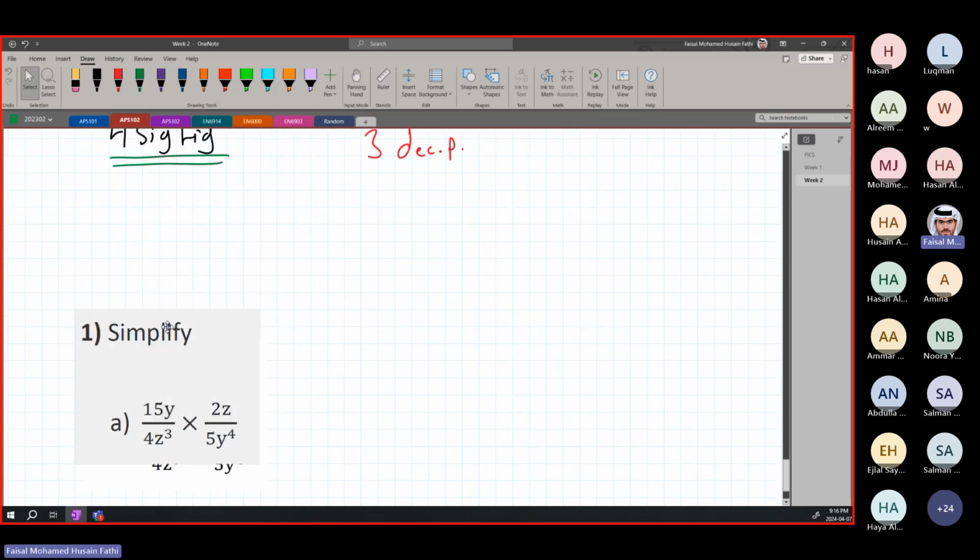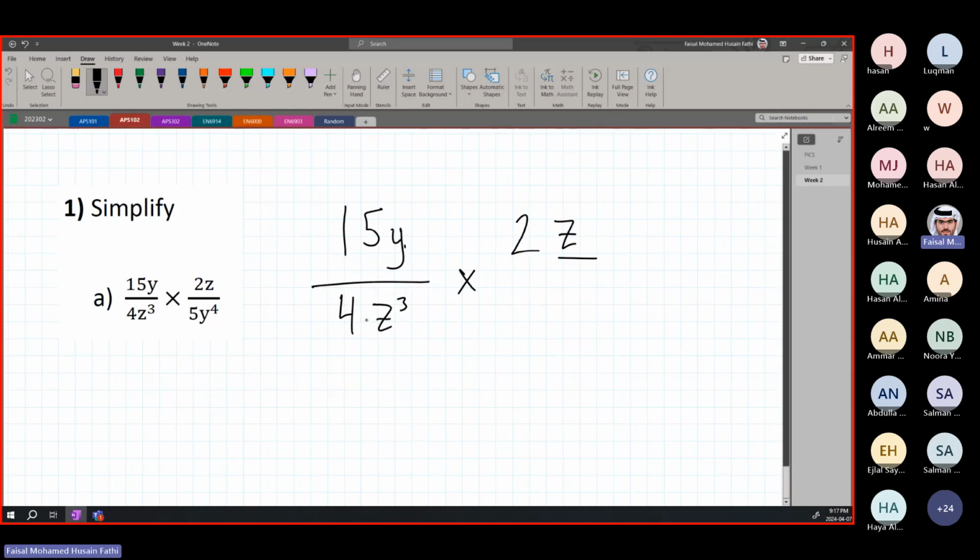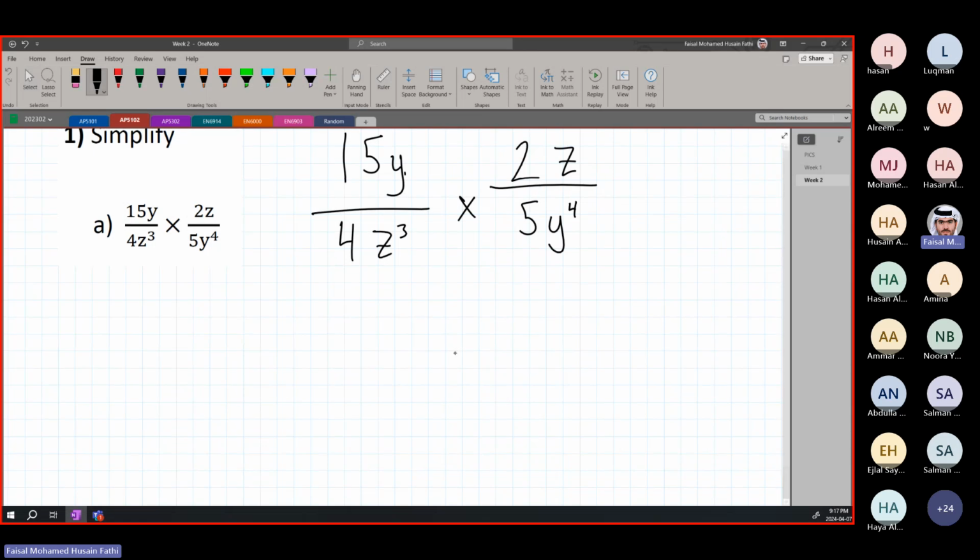Getting into algebraic fractions. Simplify 15y over 4z cubed times 2z over 5y to the power of 4. Now, remember the rules when it comes to basic powers, before I even solve this.